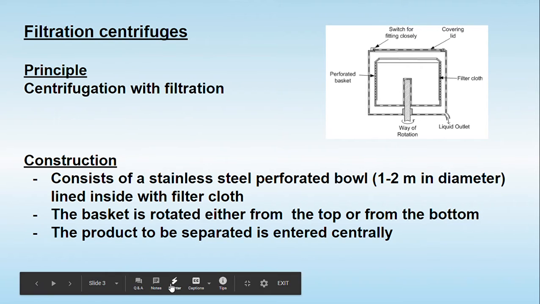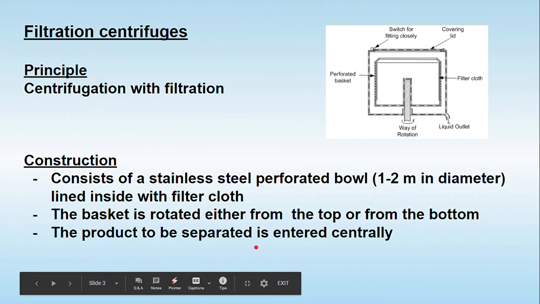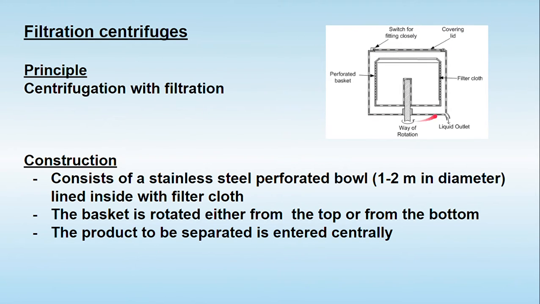Now let's try to understand the construction. If you look at the construction, basically it consists of a stainless steel chamber. Usually this stainless chamber is perforated from the sides, and it is covered inside the perforation with the filter medium. The outside container is capped, into which the liquid passing through the filter medium comes out and is collected.